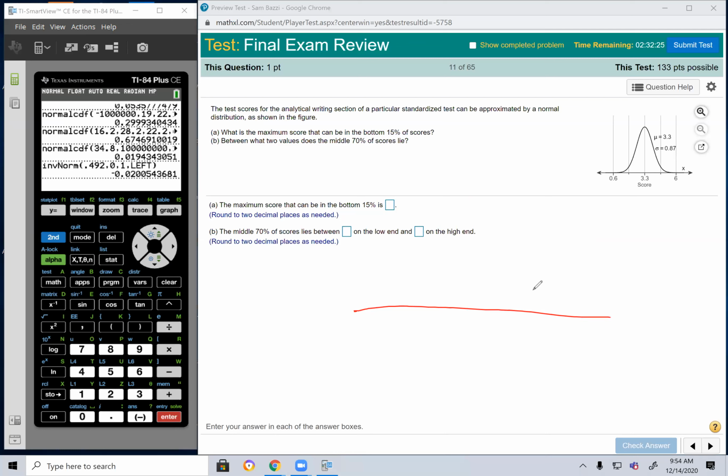It's gonna be this. This is the bottom 15%. And he wants the X value here, not Z. He gave you a mean and a standard deviation. Look, score. He didn't say what's the Z score. So we need X. It's gonna be inverse norm.